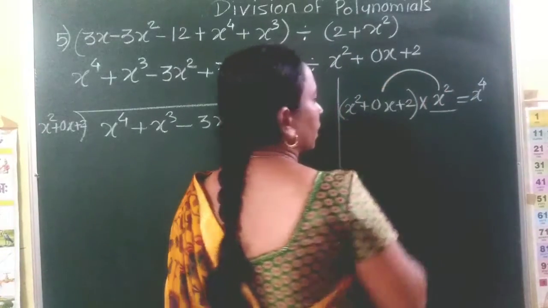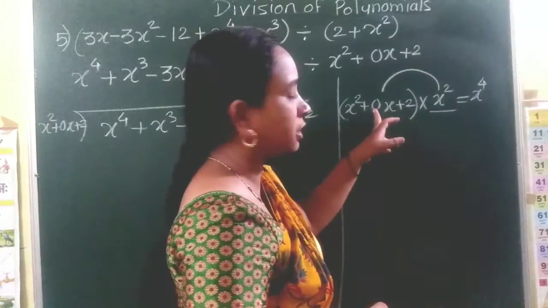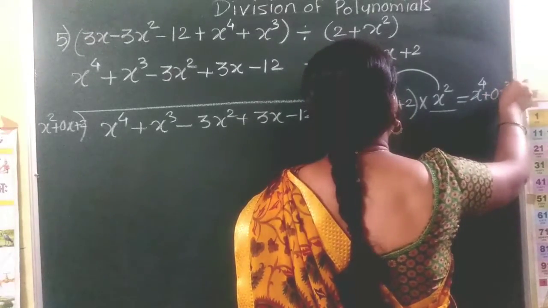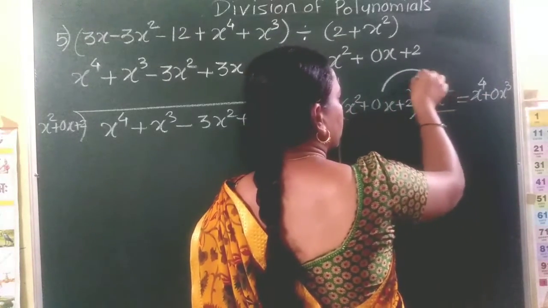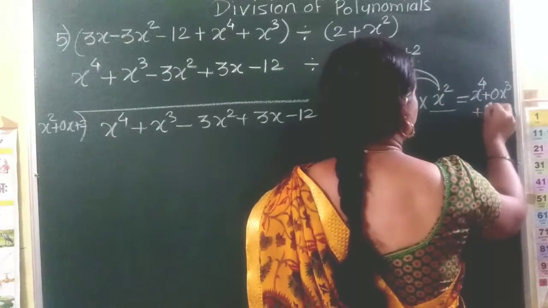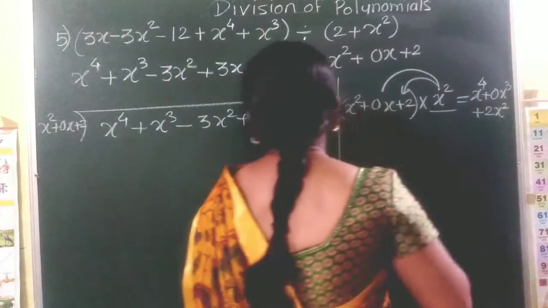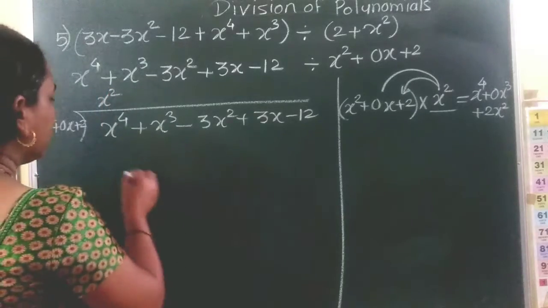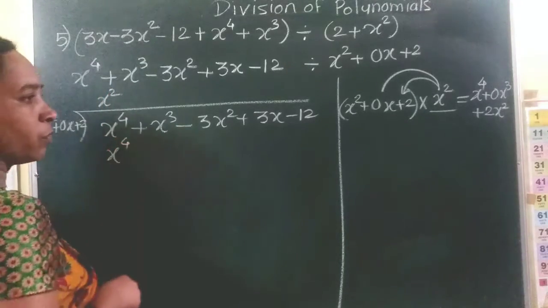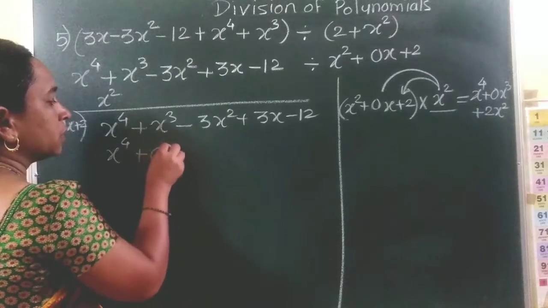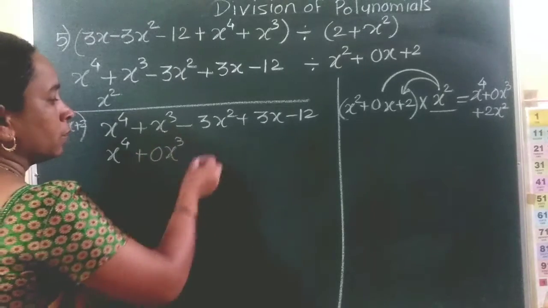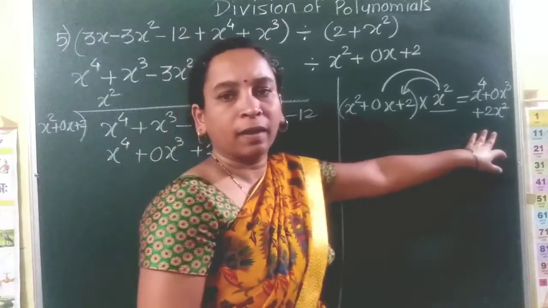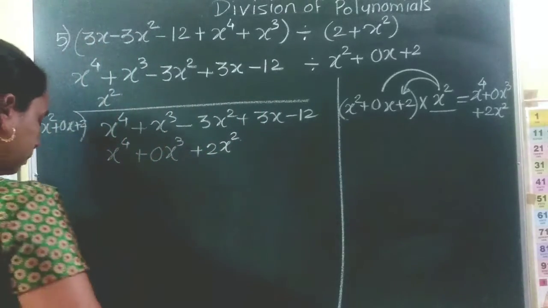Multiply with the remaining terms. If you multiply this with the 0, it will become 0x cubed. And if you multiply with this 2, we will get plus 2x square. So this is the product. Quotient is x square. Product, I'll write below this: x raised to 4 plus 0x cubed plus 2x square.